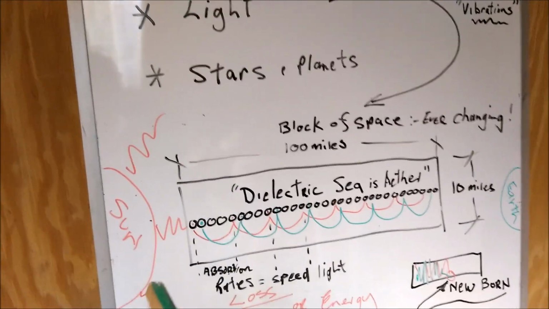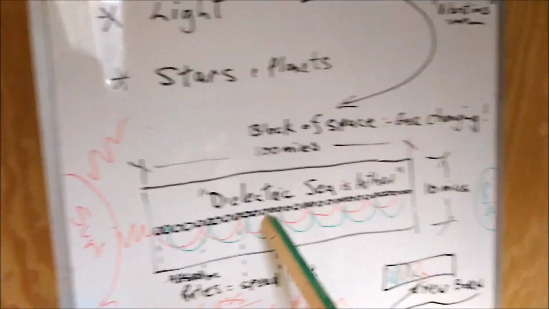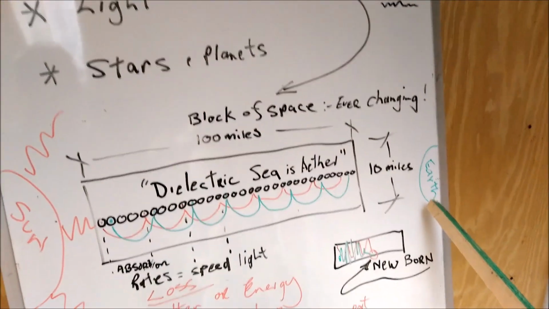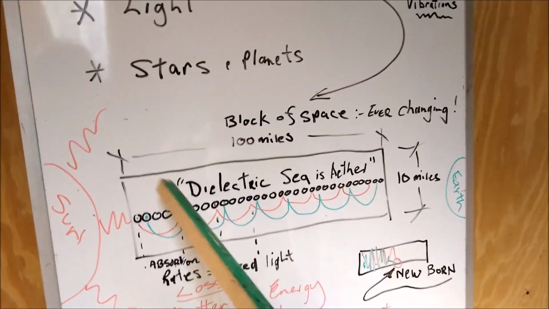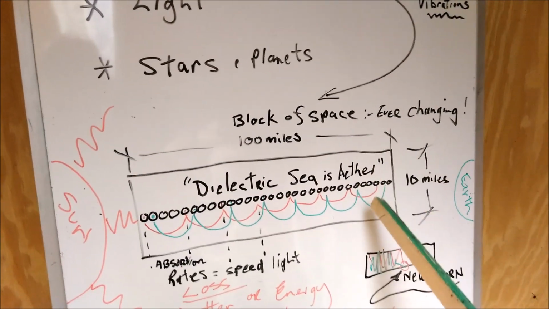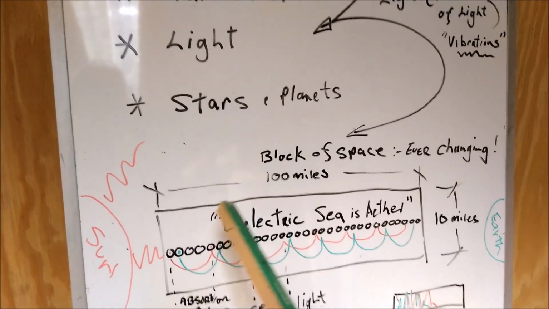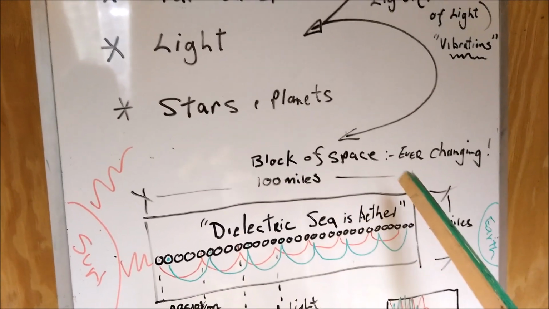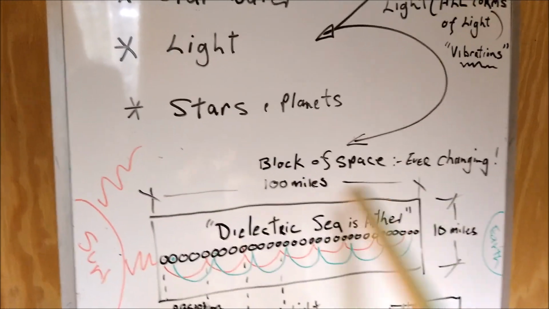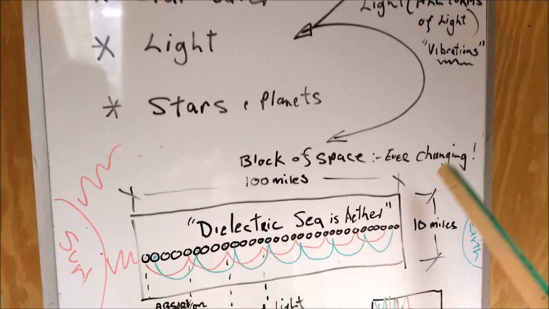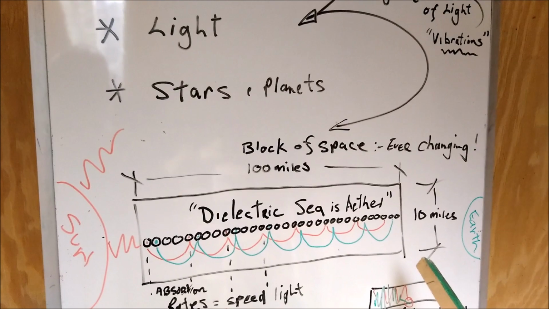We've got some schematics here. There's the sun, and there's the Earth. And here, this rectangle represents a block of space. 100 miles. I'm old school, I work in miles. 100 miles long and 10 miles deep.